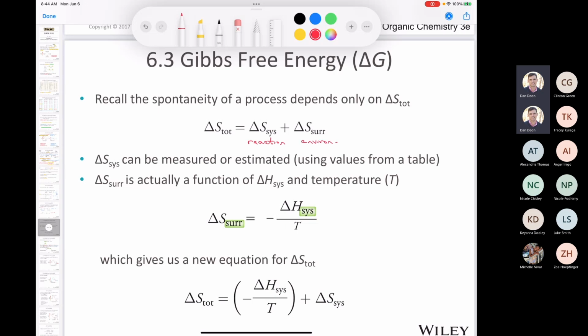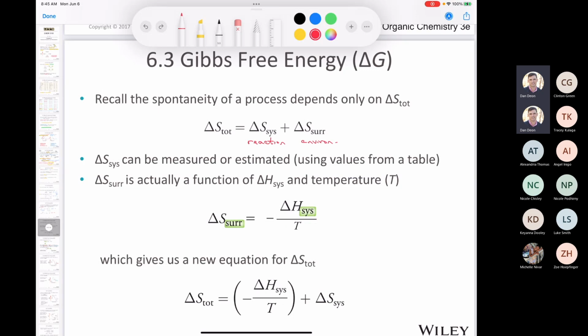All right, so delta S of the system can be measured, or it can be estimated using the values from a table. You would have done this in general chemistry. You would have calculated the change in entropy for a reaction just going into the appendix and looking up some values. Everybody could do that. The delta S for the system is equal to the S values for the products minus the S values for the reactants.